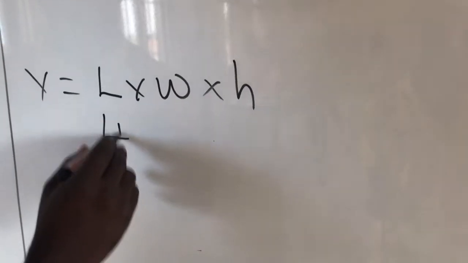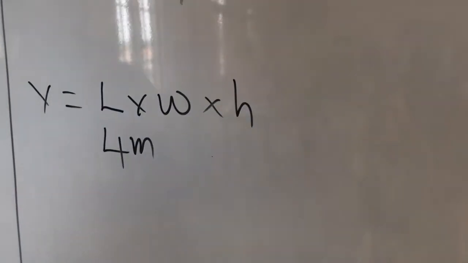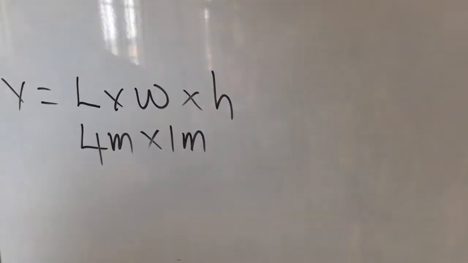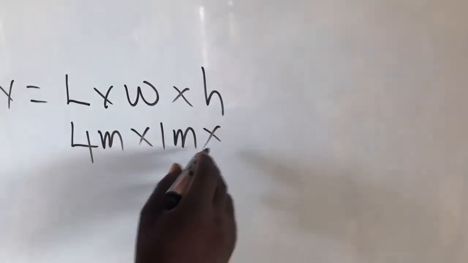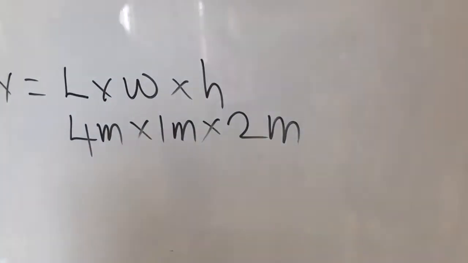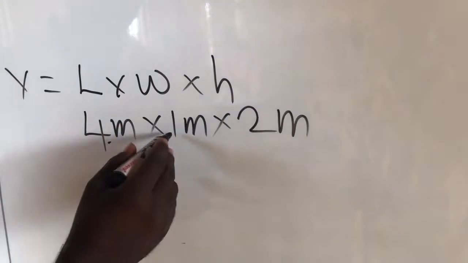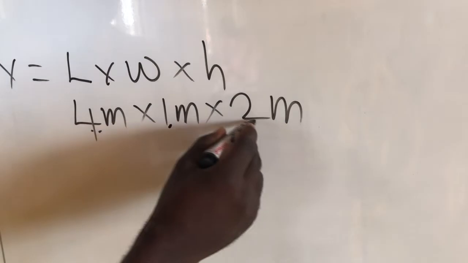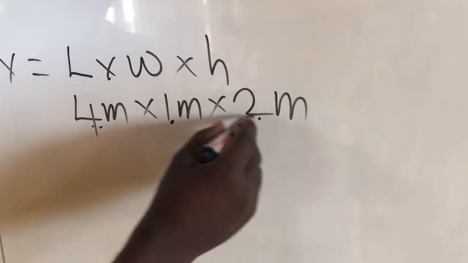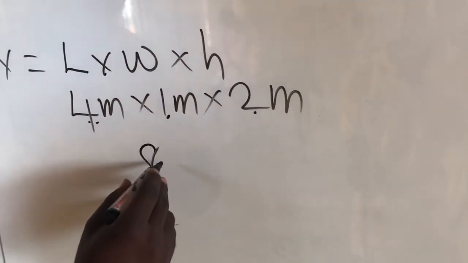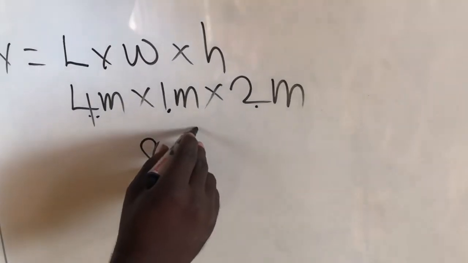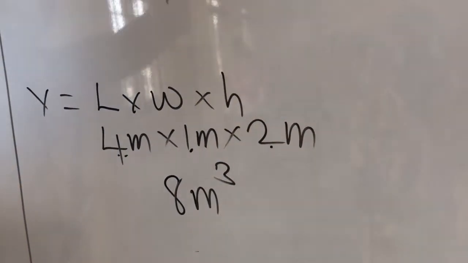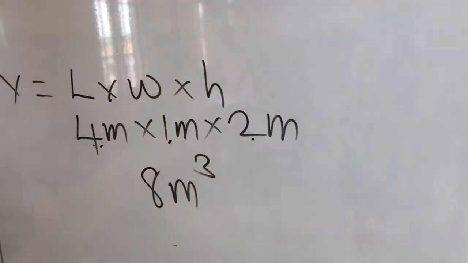The length is 4 meters, the width is 1 meter, and the height is 2 meters. So 4 times 1 is 4, 4 times 2 is 8 meters cube. Because we are counting the number of cubes in the container or in the object. Good.